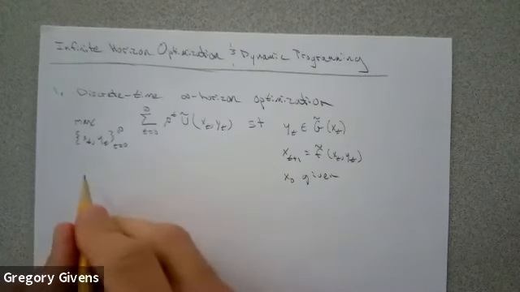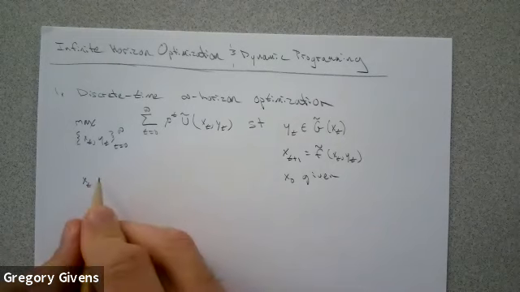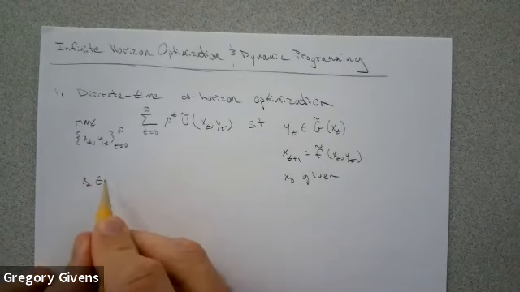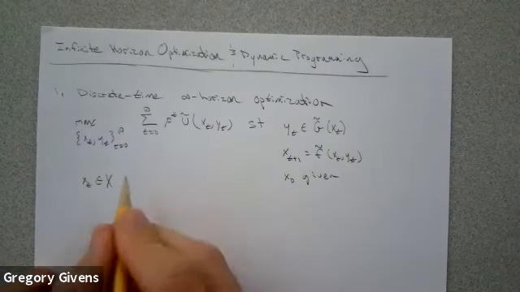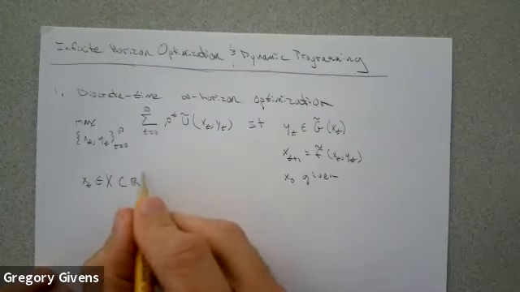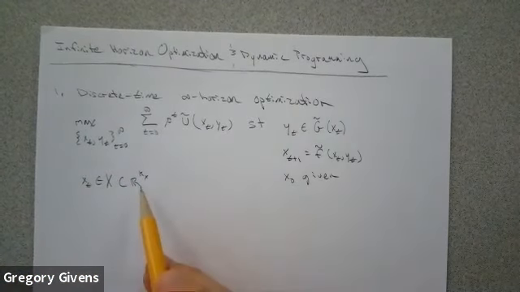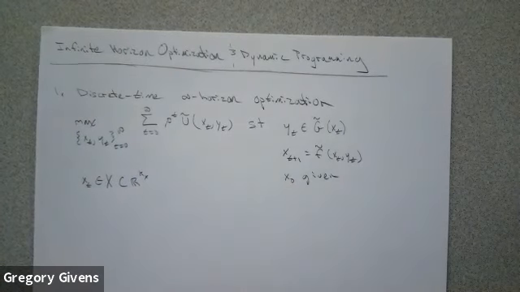Okay, what is xt? Xt is a vector, okay? And it's going to belong to some space that I'm going to call capital X, which is a subset of the Euclidean space of dimension k sub x.